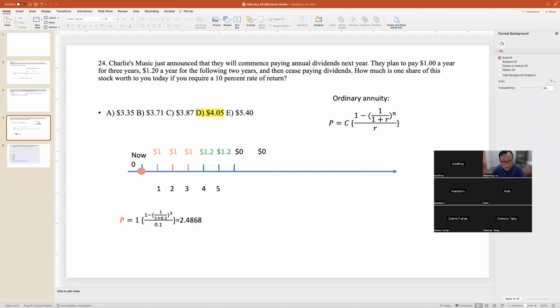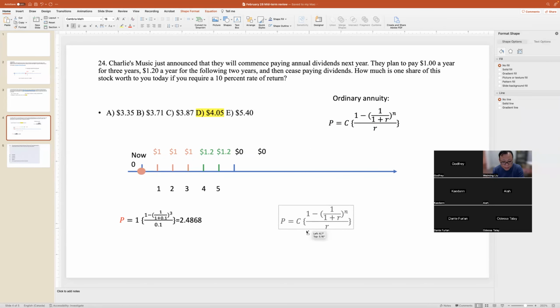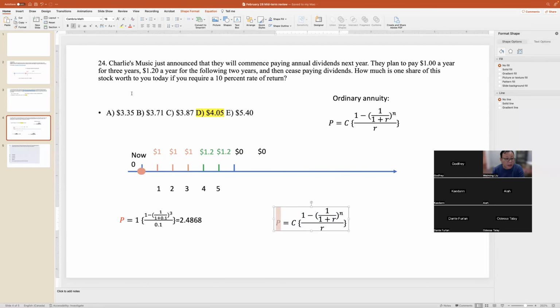Now let's focus on the green. So I'm gonna use this same formula. Now I'm calculating the green. Can anyone tell me what's my C now? In this calculation, what is my C for this one?